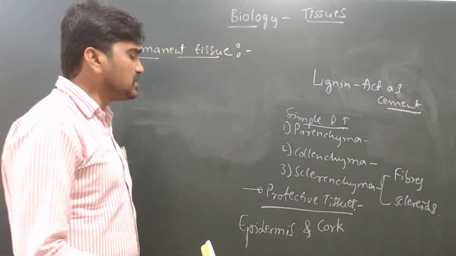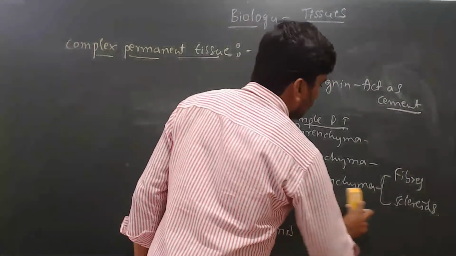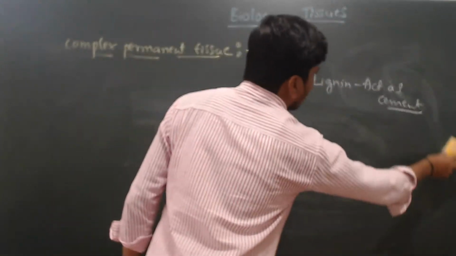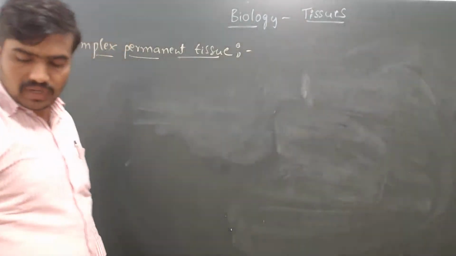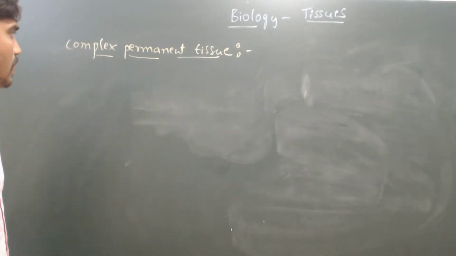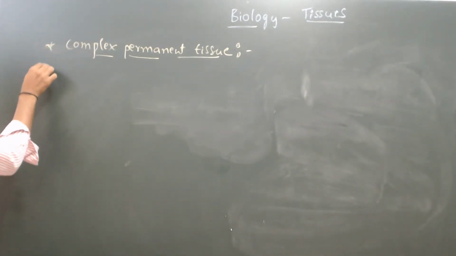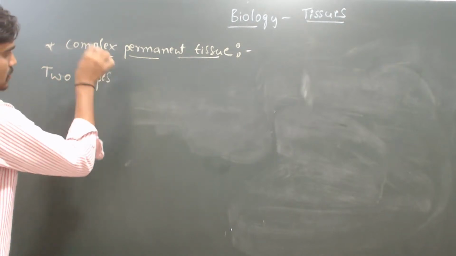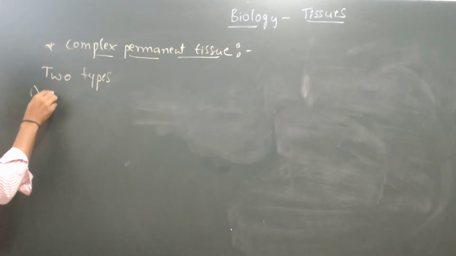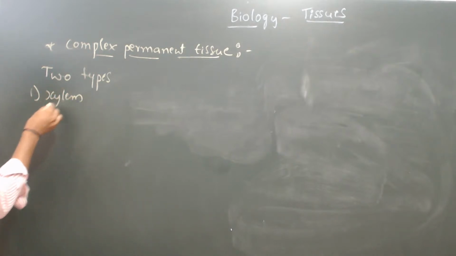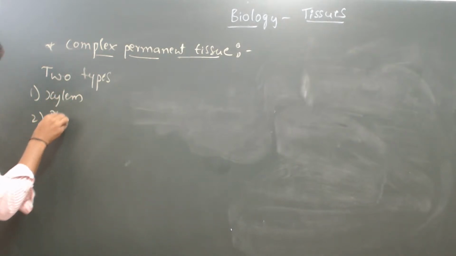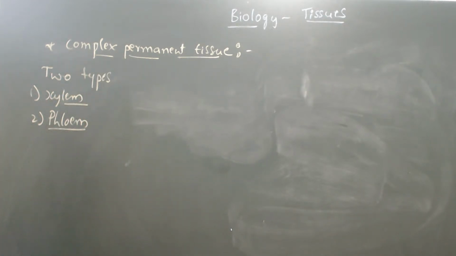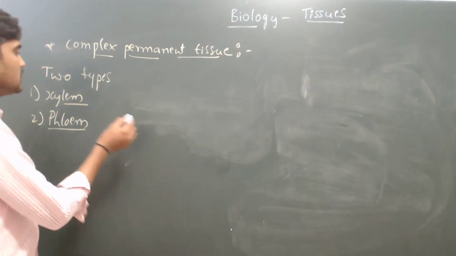Now after this, we have complex permanent tissue. In complex permanent tissue, again there are two types: the first is xylem and the second is phloem.